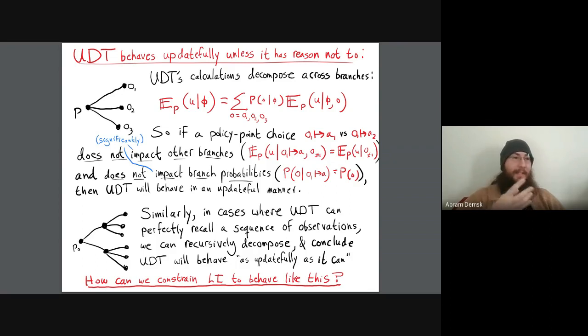How can we extend these pictures to the UDT problems that we don't know how to think about, namely those which heavily involve computationally uncertain reasoning? How can we make a logical inductor powered updateless decision theory that respects decomposition roughly like this? Is this even possible, or is this going to be violating the bounded cognition too heavily?